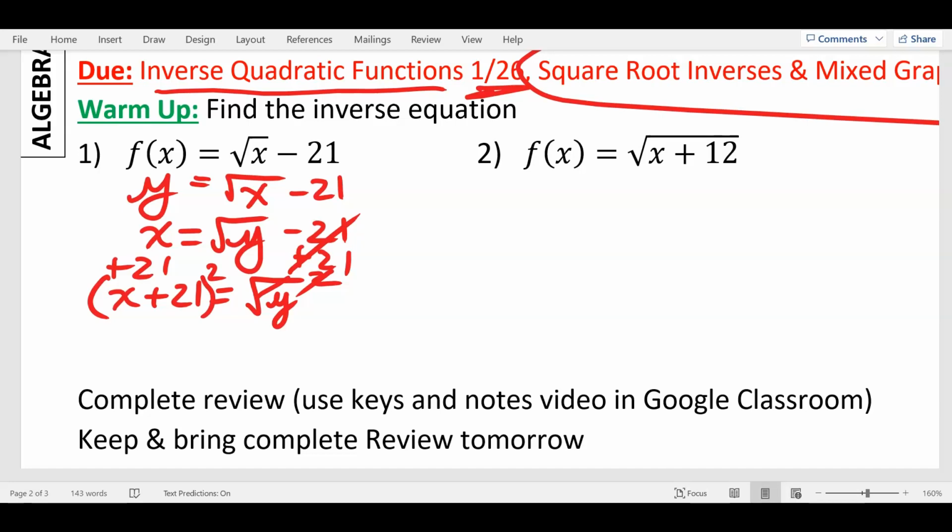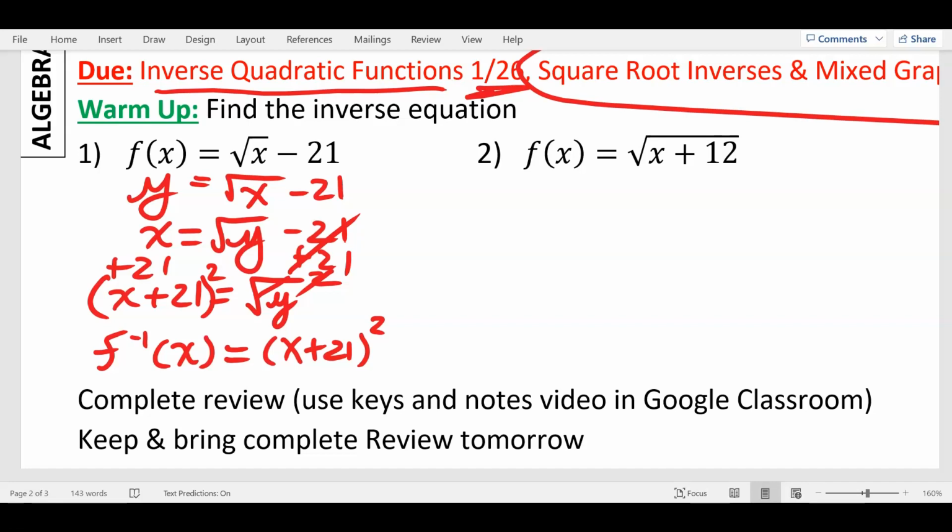Now we're left with just y, which is great. So I'm going to just write it as inverse function notation. F inverse x equals x plus 21 in parentheses squared. That's if you have a loner after the square root, okay?